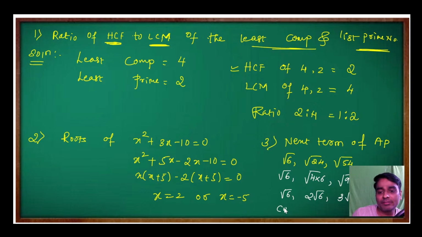What is the common difference? Which number is repeating, that is the common difference. Root 6 is the common difference. Now you all know how to get the next term. You have to add this root 6 to the previous term.